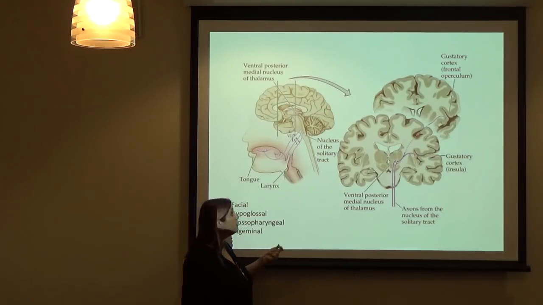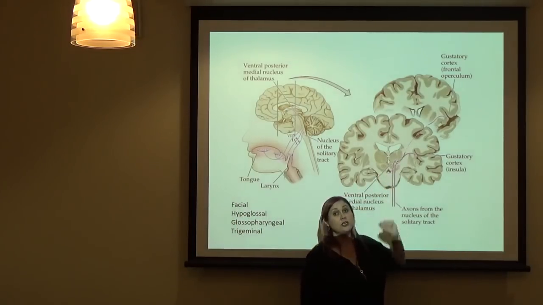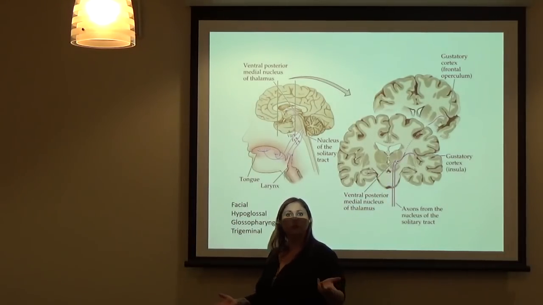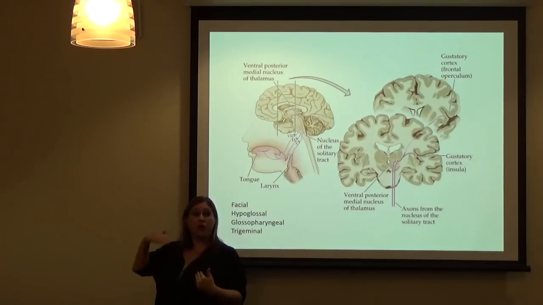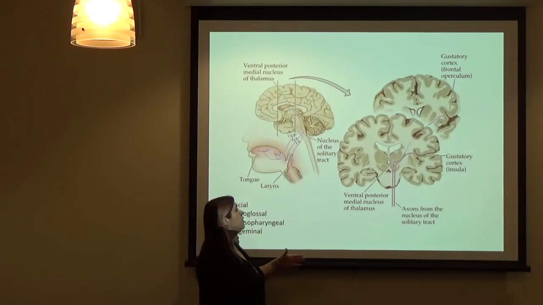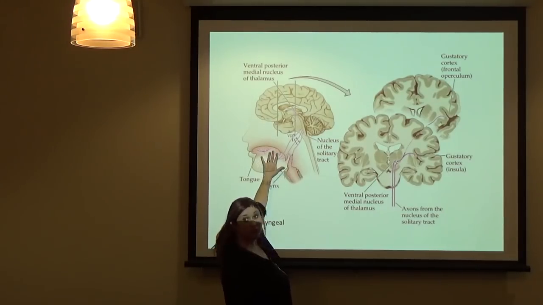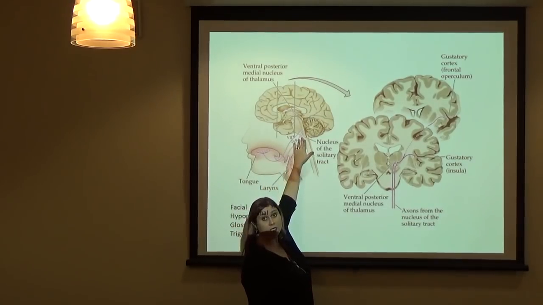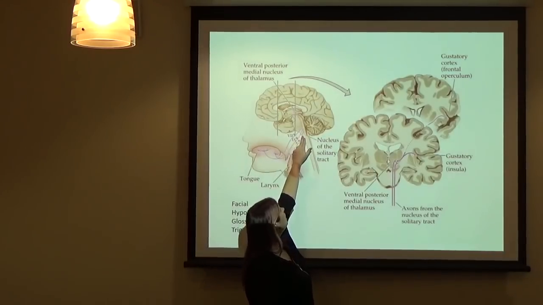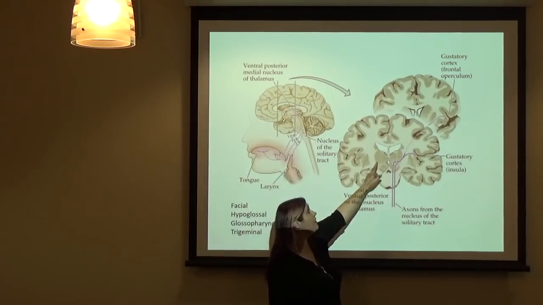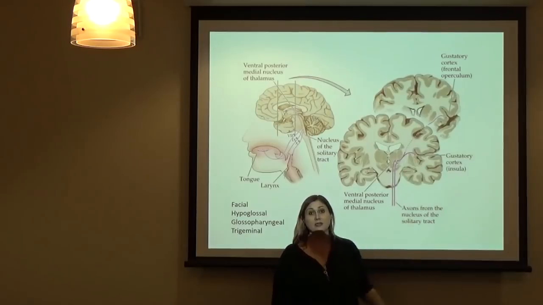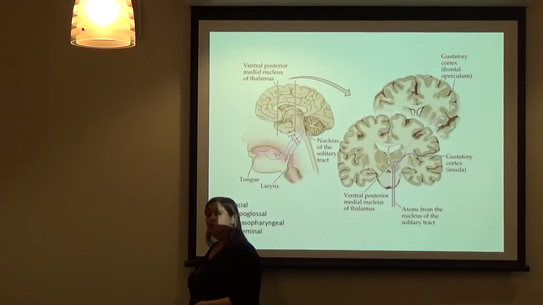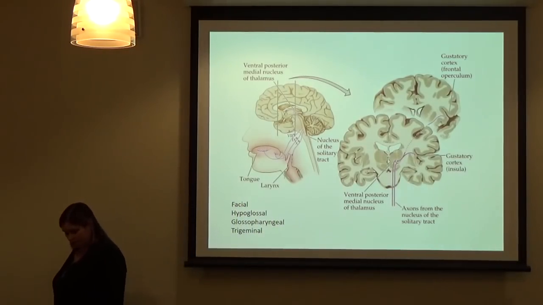And the correct part of the cortex for taste information is somatosensory cortex. Okay, so that's where you're going to go next, up in the parietal lobe. So you have projections from the cranial nerves directly into the medulla, from the medulla up to the thalamus, and then from the thalamus onto somatosensory cortex. And that's where you process gustatory information.